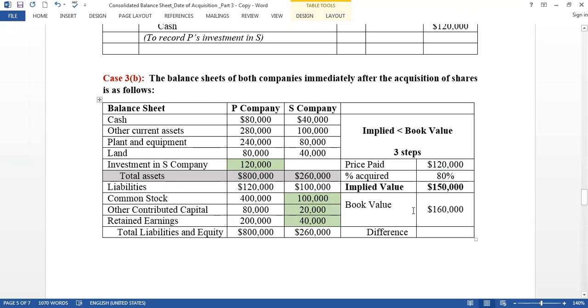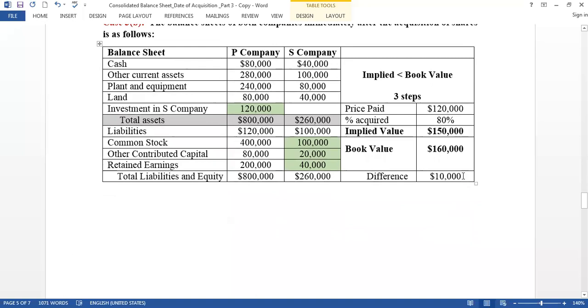So now you apply the 3-step process, and we find that book value is higher, right? Book value is higher and market price is lower. So we compare these two. Book value is higher and the market price is lower. So there is a difference, right? And how much is the difference? The difference is $10,000.